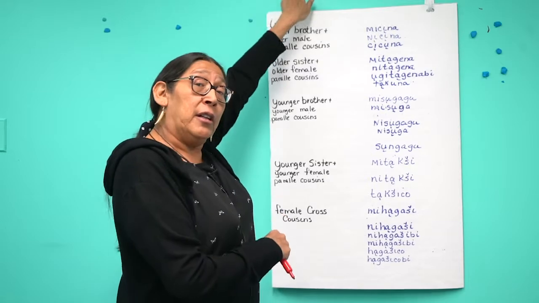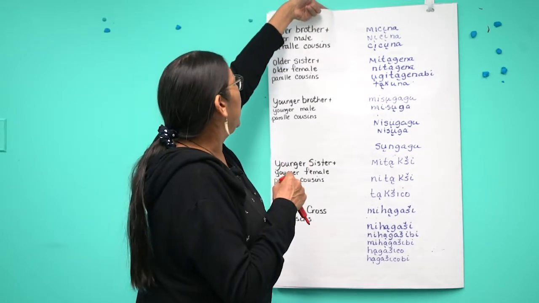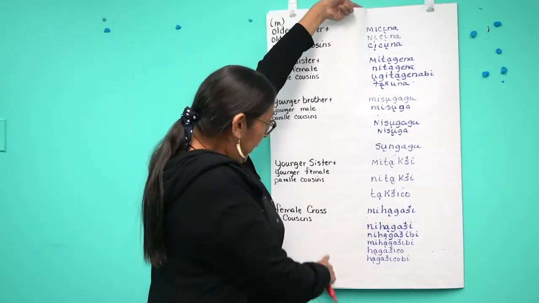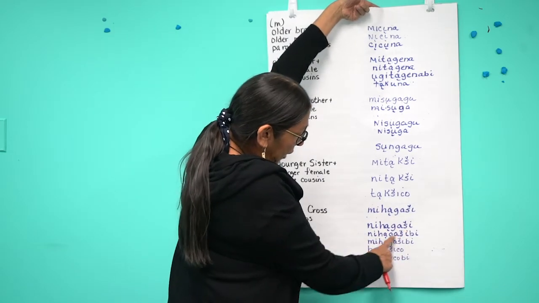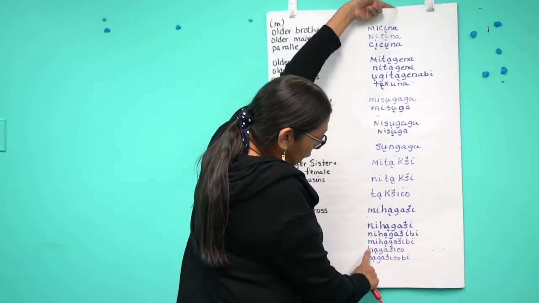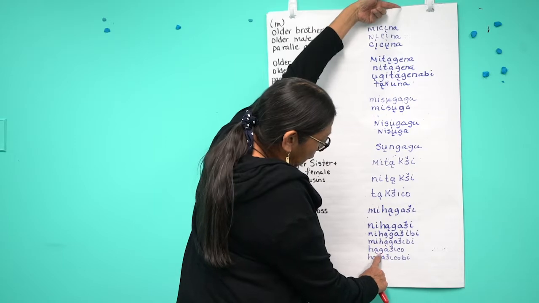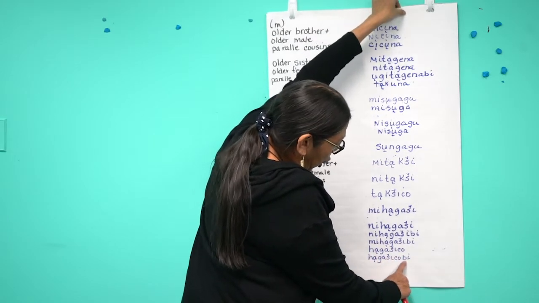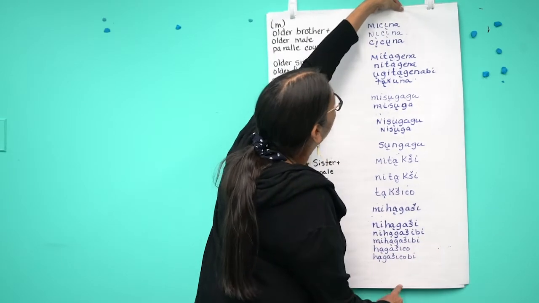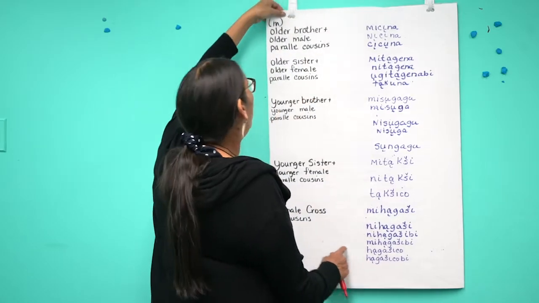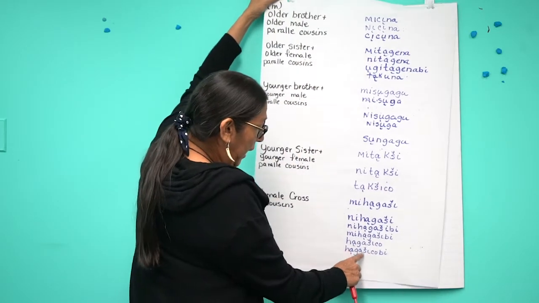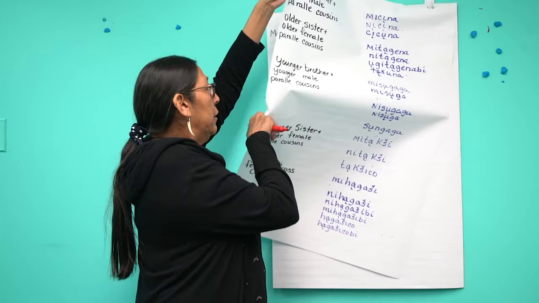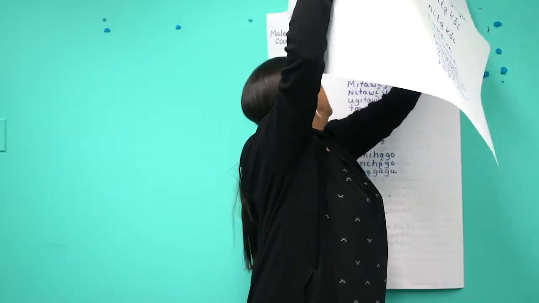I was calling them all my sister-in-laws, and we'll get to that. Your female cross cousins again: ni hangashi, ni hangashibi, mi hangashibi, hangashichu, hangashi kobi. There, I said it right.